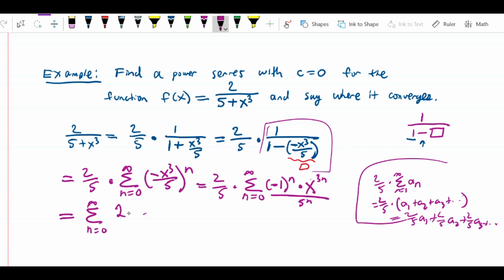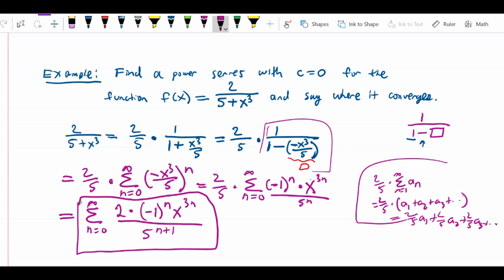So it's going to be 2 times negative 1 to the n, x to the 3n over, just want to make that a little cleaner, over, I've got 5 times 5 to the n, which is 5 to the n plus 1. So that's really the ideal way that I would want to see that answer. So that's the series that's equal to this expression.